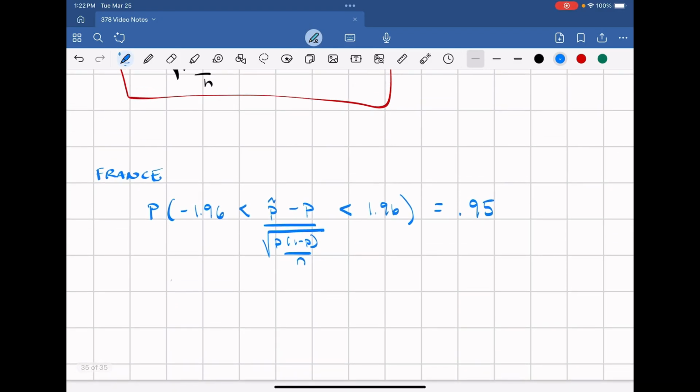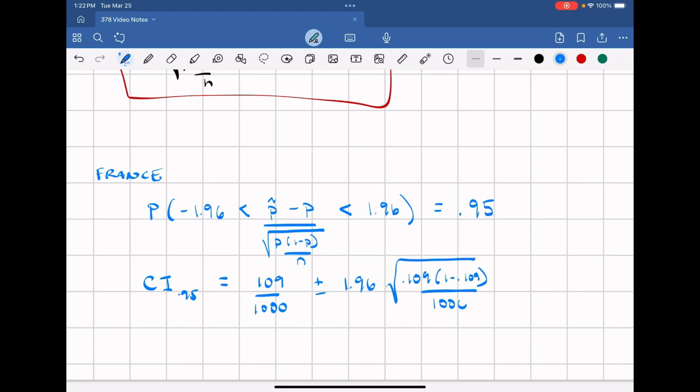So we can change this for France, so that the confidence interval at the 95% is equal to p hat, which is 109 over 1,000, plus or minus our z-score, 1.96, times the square root of p times 1 minus p, which is 0.109 times 1 minus 0.109, all over 1,000.